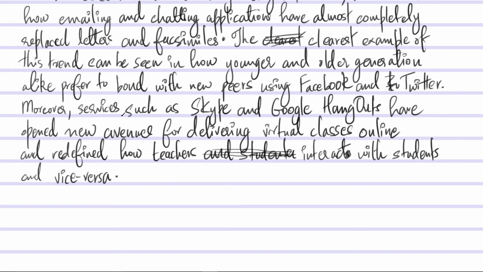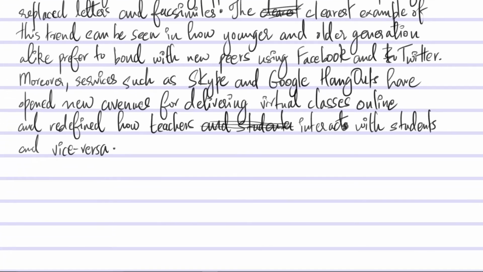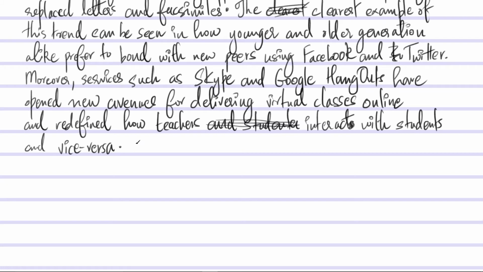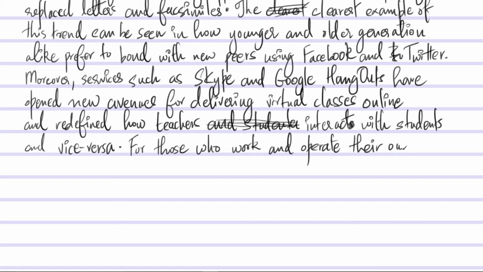For a nice way, we'll have to use an apposition. Let's choose an apposition. So for those who work and operate their own. So this point is about businessmen or some professionals, somebody who's working or operating their own business.